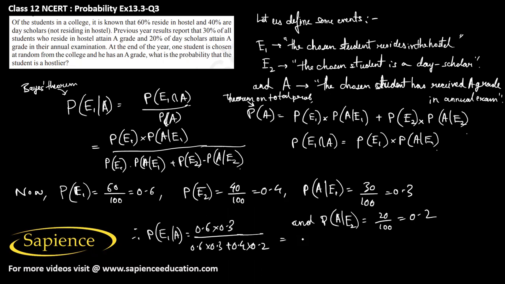So this is 0.18 divided by 0.18 plus 0.08. So that would be 0.18 divided by 0.26. The point would cancel out. Then we will get 2 9s are 18, 2 13s are 26. So the answer is 9 by 13. 9 by 13 is the final answer.